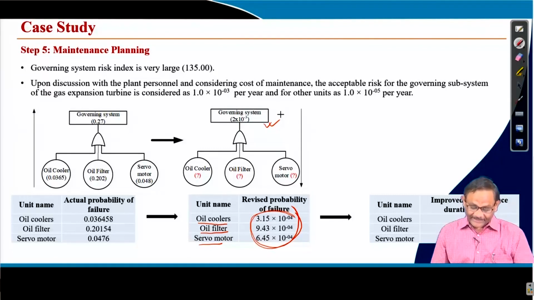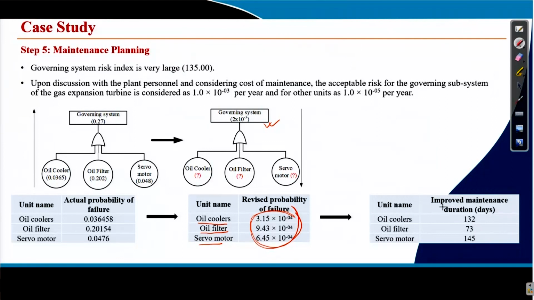Considering that yes, maintenance is possible, what we found out is that the maintenance schedule you are doing today needs to be improved too much. So for oil coolers, it is 132 days, oil filters schedule is 73 days, and servo motor 145 days.